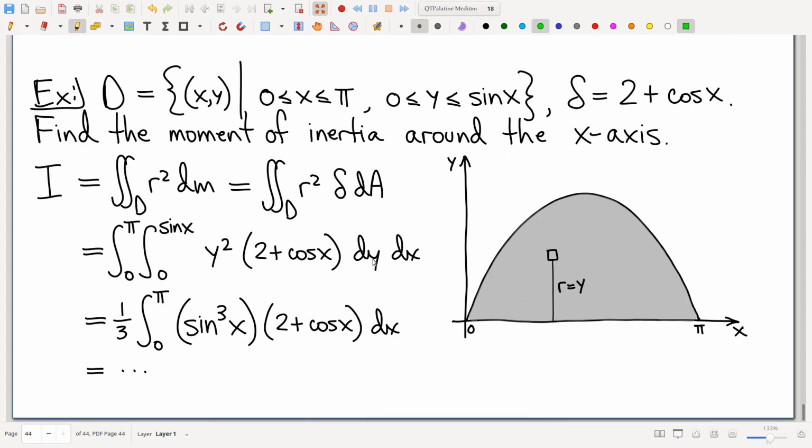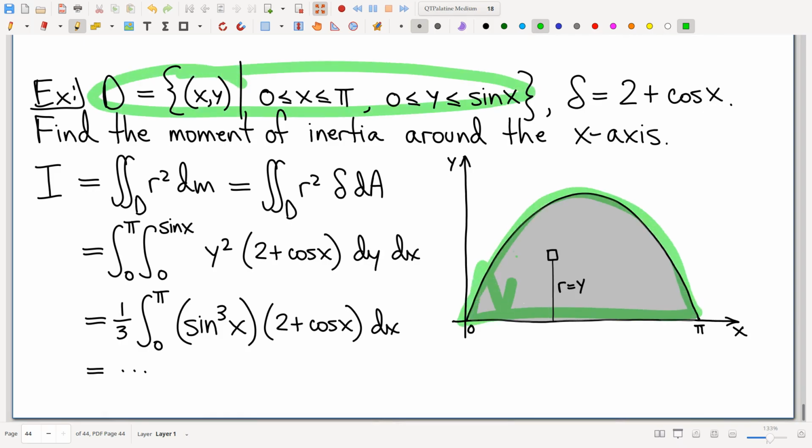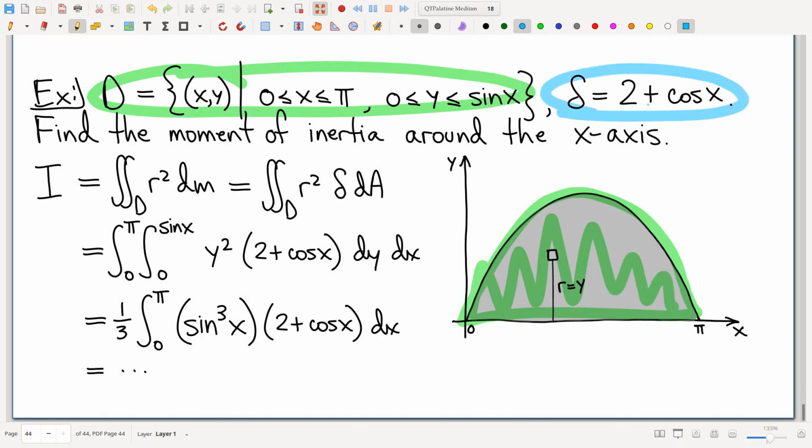So here's an example of that in action. We have the following region here, in which mass is distributed according to this density formula. Note it's not a constant. So this is a weird distribution of density. It's sort of more dense on the left and more dense on the right, but less dense in the middle. This is strange, right?